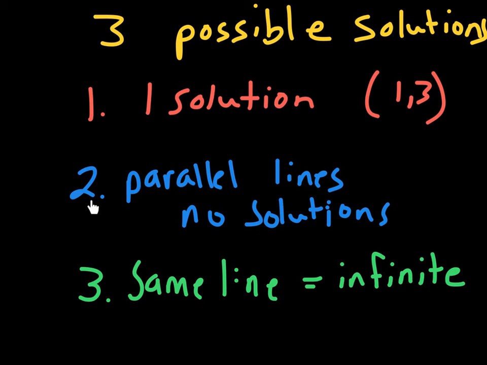The second possible scenario was from example number 1, where we have parallel lines and they never intersect. And in that case, we have no solutions. And in the third example, we'll end up with the same exact line. They'll lay right on top of one another. And in that example, we have infinite solutions. So when solving your system of equations, those are the only 3 possibilities that you're going to have.